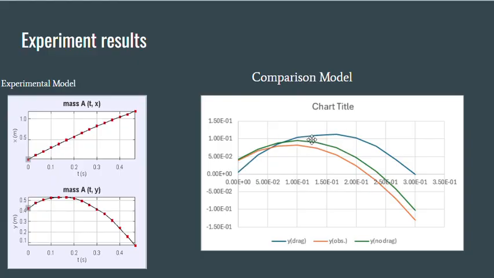Here you can see the model without drag, which is the blue, where it goes the highest because there's no drag. The other two are with drag, with air resistance and everything. They don't go as high, as you can see.